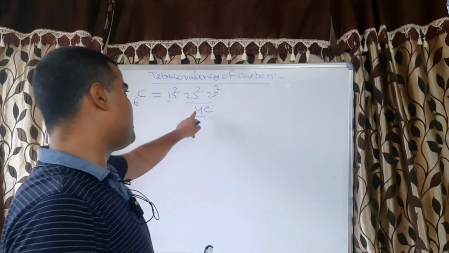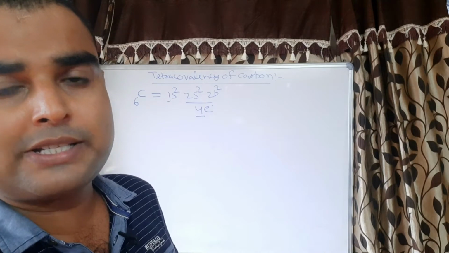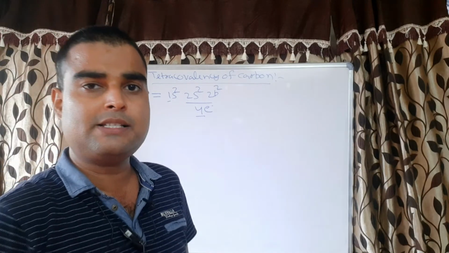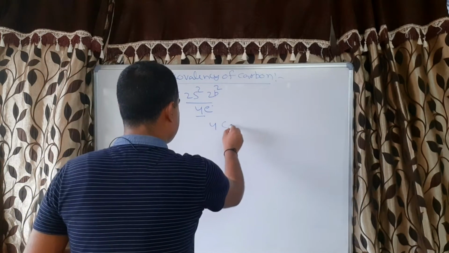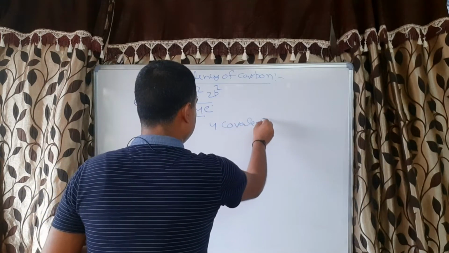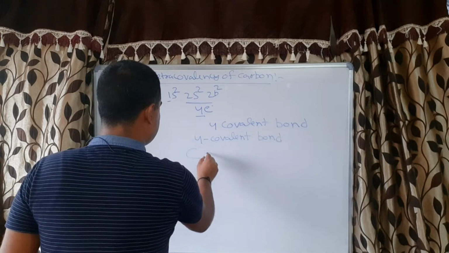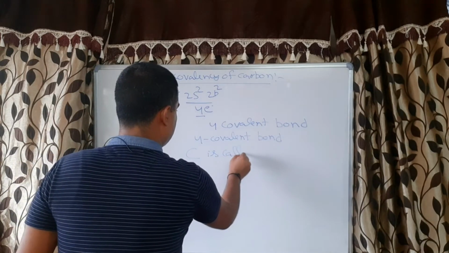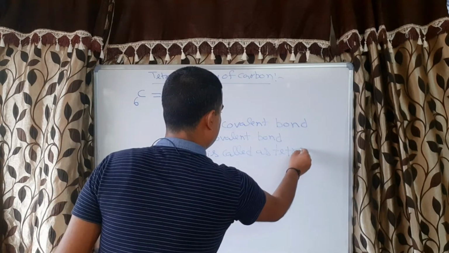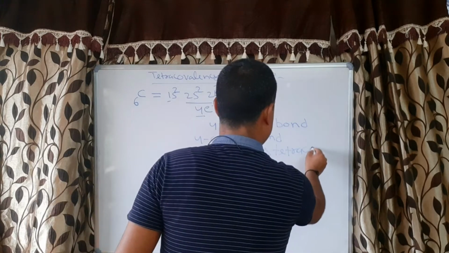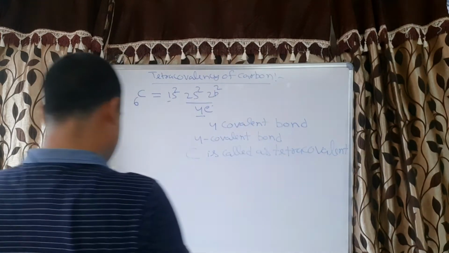Since it needs 4 electrons, it will share 4 electrons. When it shares 4 electrons, it forms 4 covalent bonds. Since it forms 4 covalent bonds, carbon is called tetracovalent.